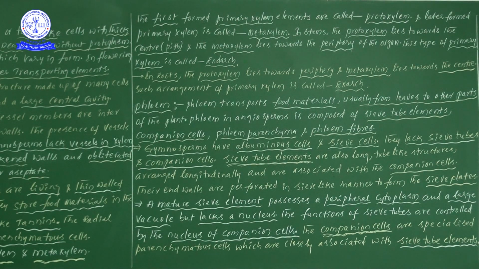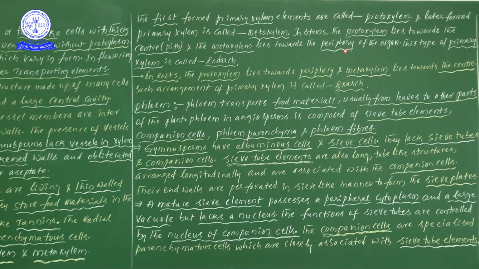Now we are entering the most important concept, so listen carefully. In stems, protoxylem lies towards the center, or pith, and metaxylem lies towards the periphery.